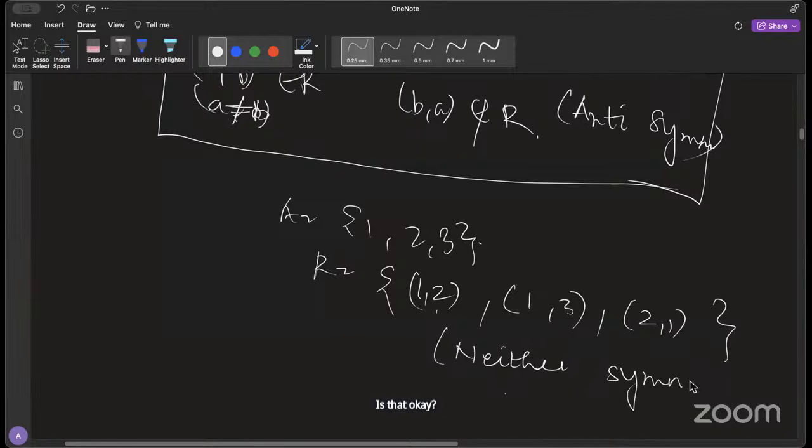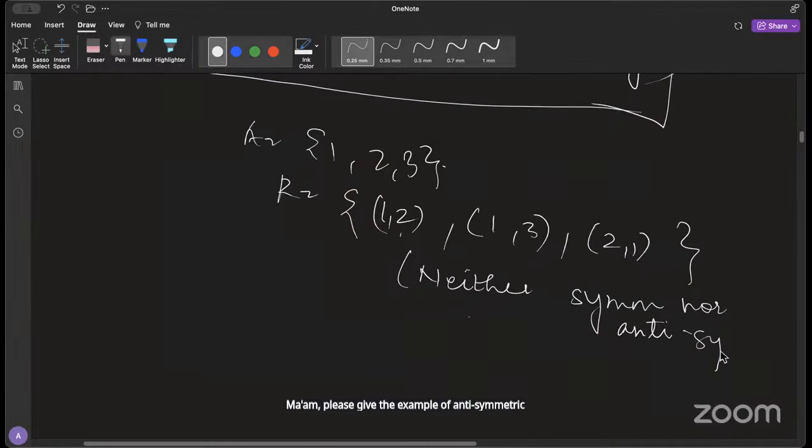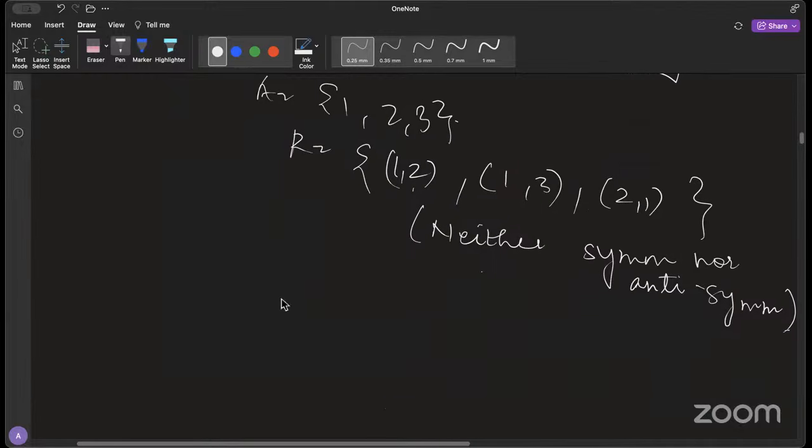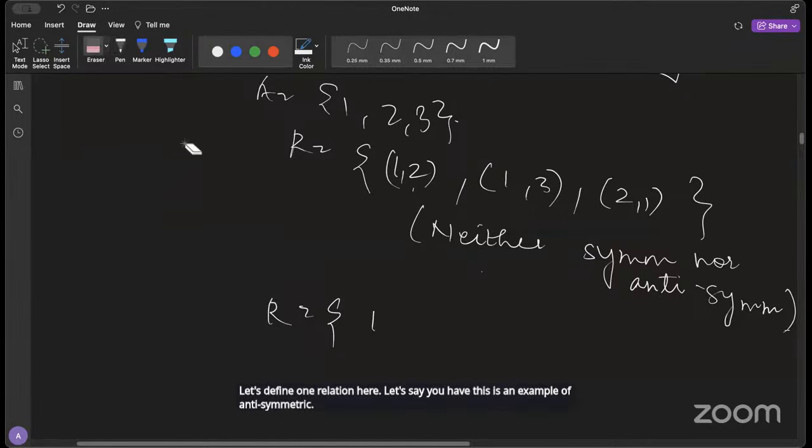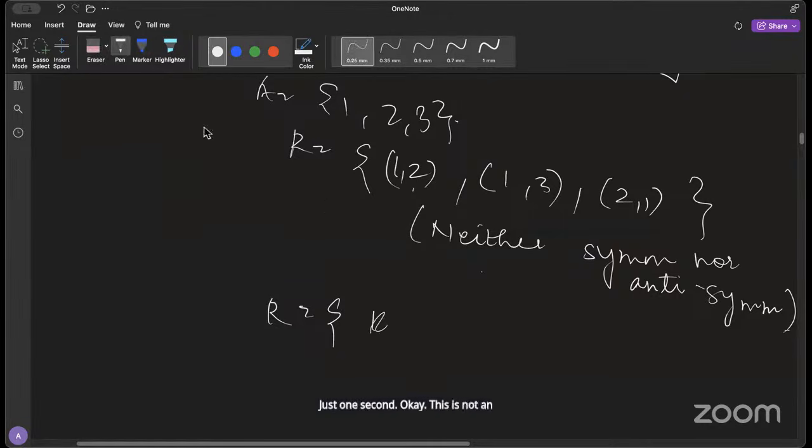Ma'am, please give an example of an anti-symmetric relation. Let's define one relation here. This is not an example, right? We have taken this (2, 1) here.